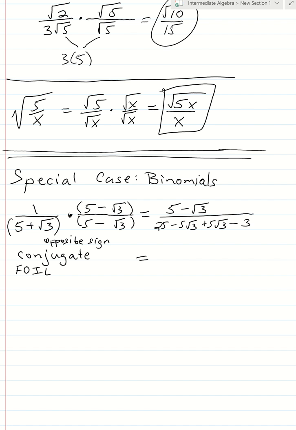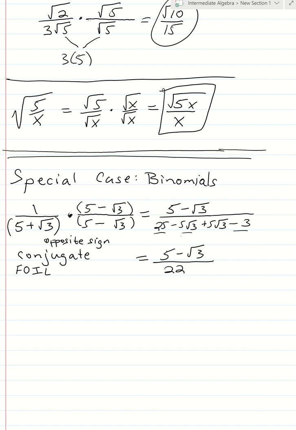Now let's simplify what we can. In the numerator, we're still going to have the 5 minus the square root of 3. In the denominator, I'm going to take the 25 and I'm going to minus the 3. Those are like terms, so let me combine them to get a 22.